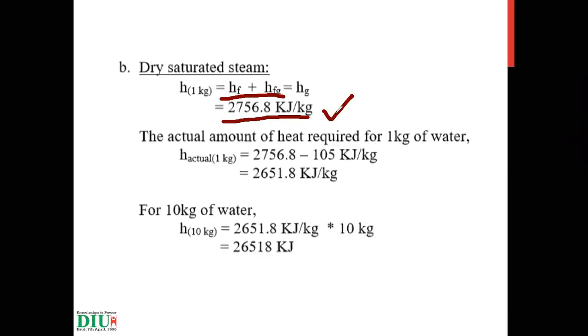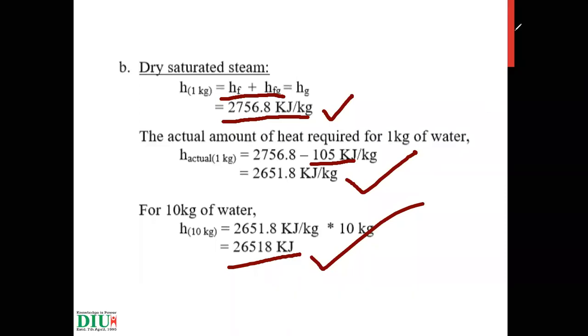So we have to subtract 105 to get it from 25 degrees Celsius. Finally this is for 1 kg, so we need to find it for 10 kg. So we just multiply by 10, and finally we get the value for dry saturated steam.